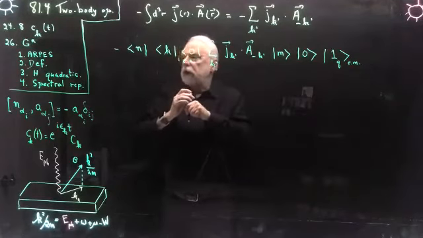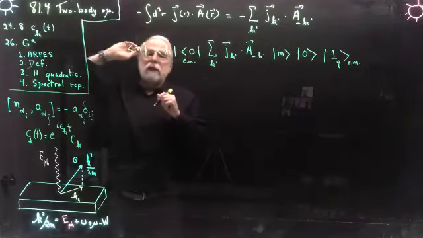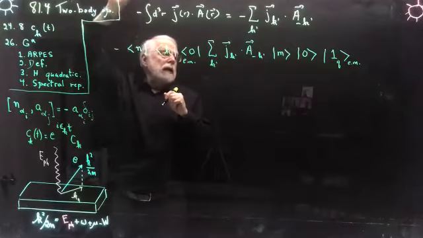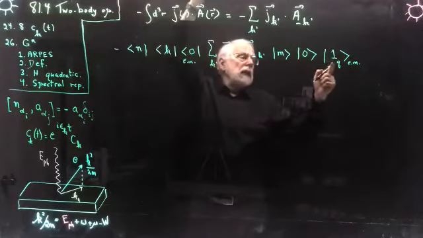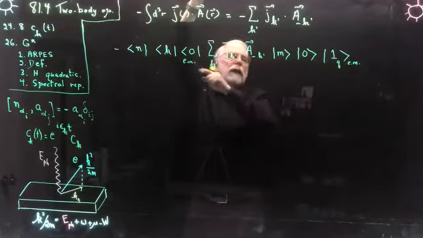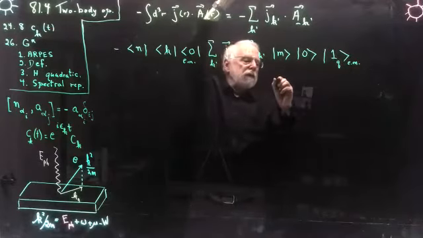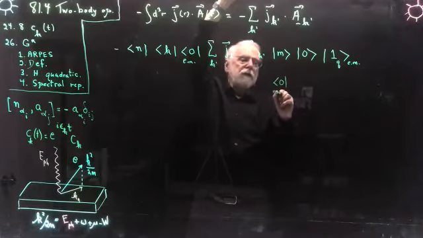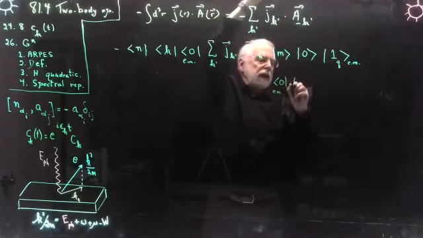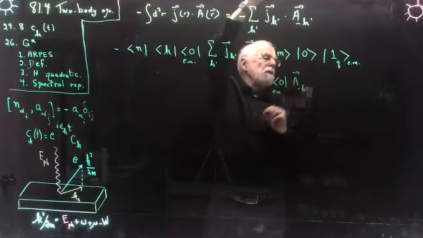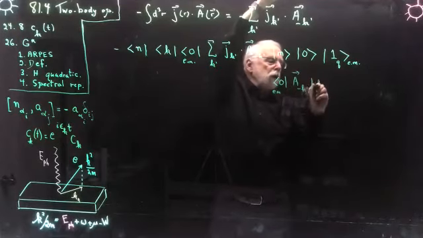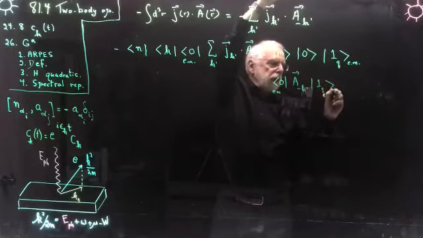So how does this work out? Well, it works out like this. If I look now just at the electromagnetic field, I have 0 for the electromagnetic field, and I have a of minus k prime, and I have one photon here in state q of the electromagnetic field.